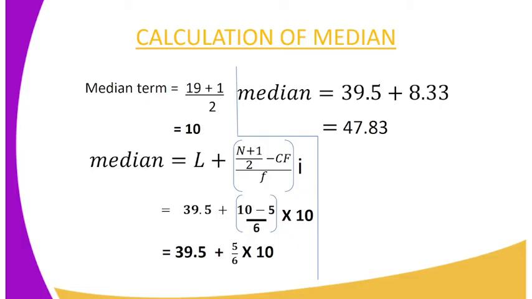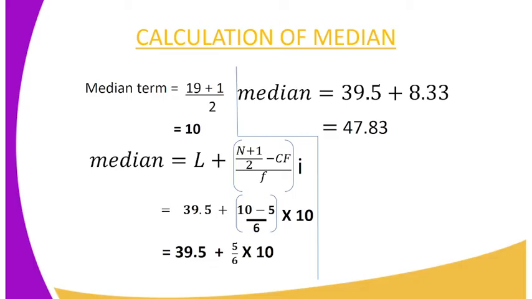On to the calculation of median, we are going to use the first formula. You calculate the median term using the first formula. The total frequency, the n, was 19, you add 1, you will end up getting 20, you divide by 2, you will end up getting 10, and the 10th becomes the median term.